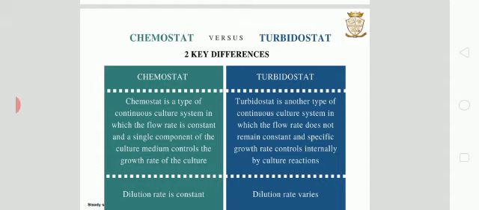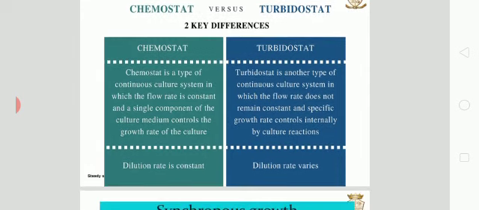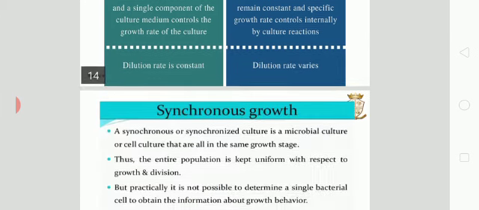But in the turbidostat, the flow rate does not remain constant and the specific growth rate is controlled internally by culture reactions. In the chemostat, the dilution rate is constant, but in the turbidostat, the dilution rate varies. These are the major differences between chemostat and turbidostat. Both of these are used for continuous culture methods.